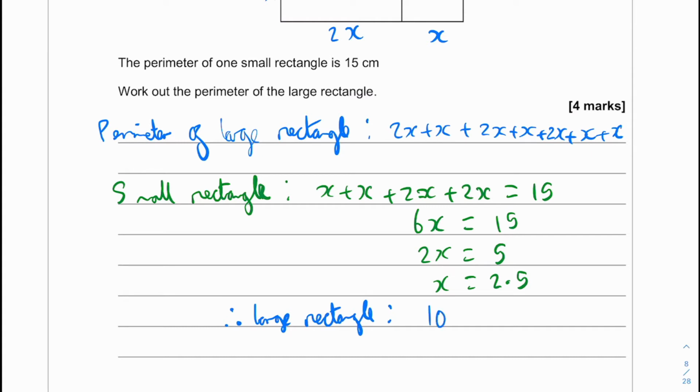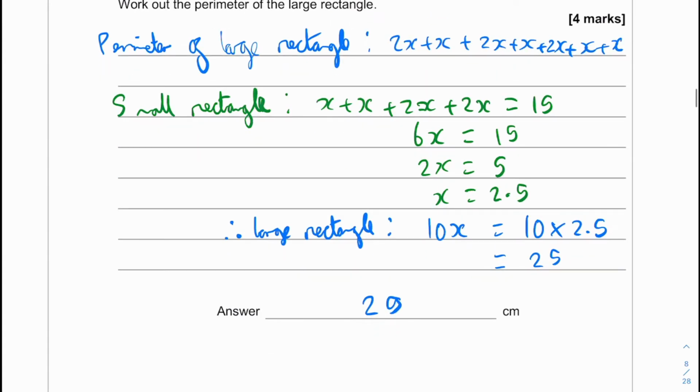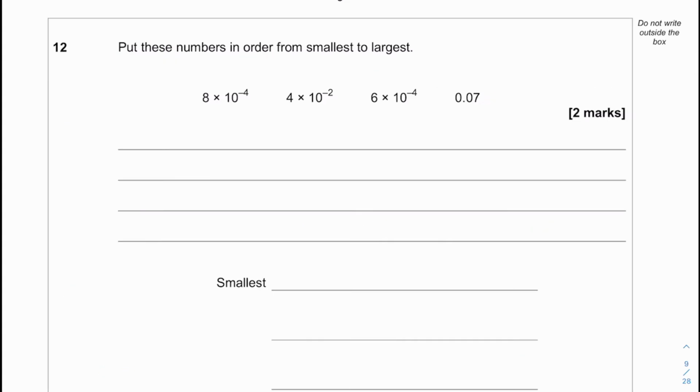So 10x, which is equal to 10 multiplied by 2.5. So therefore it's equal to 25 centimeters. I'll redo that 5, it's awful. 25 centimeters.